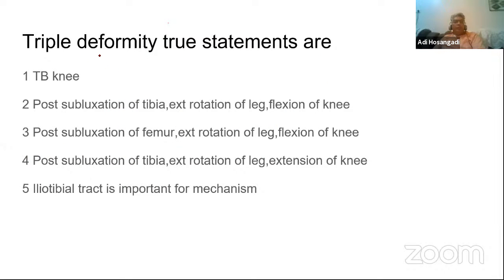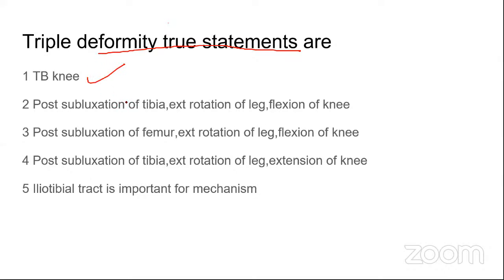Triple deformity, true statements are, yes, good question. TB knee, yes or no? Yes, sir. Simple answer. Posterior subluxation of tibia, external rotation of the leg, flexion of the knee. Is it correct? Yes, sir.